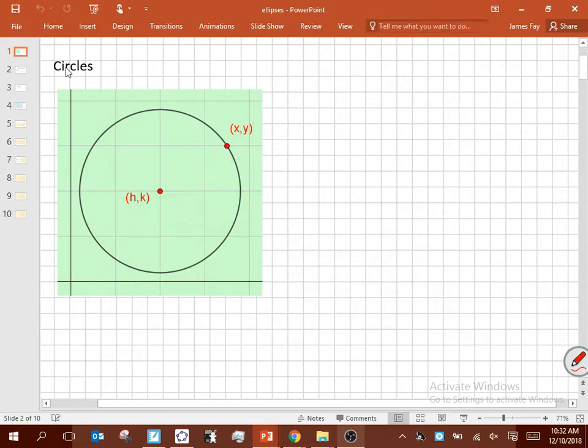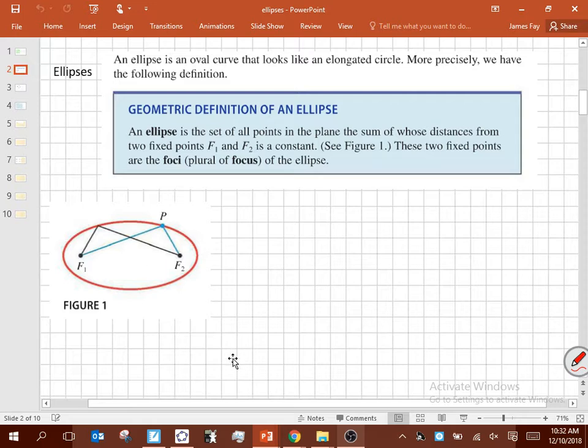By definition, an ellipse is the set of all points in which the sum of the distances from a focus to the point on the ellipse plus then from that point on the ellipse to the other focus, that sum is always constant, a fixed number, meaning that these black segments added together should equal the same as these blue ones added together, which should equal the same as these red ones added together, and then any other ones that we could draw in there. That distance is always going to be the same.